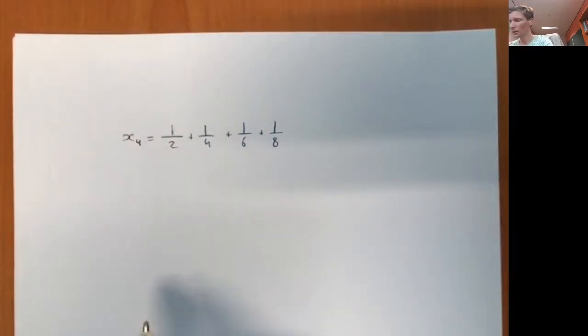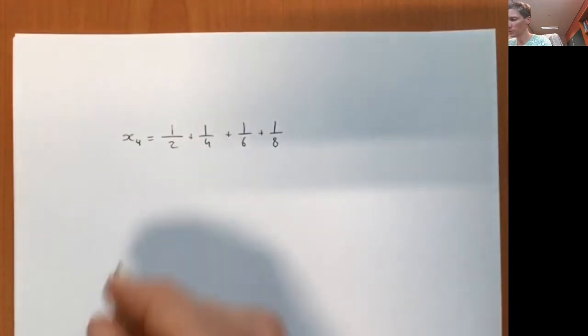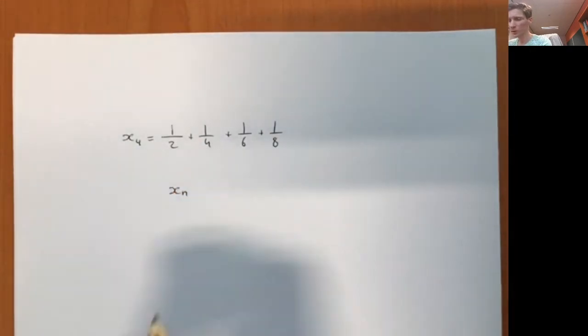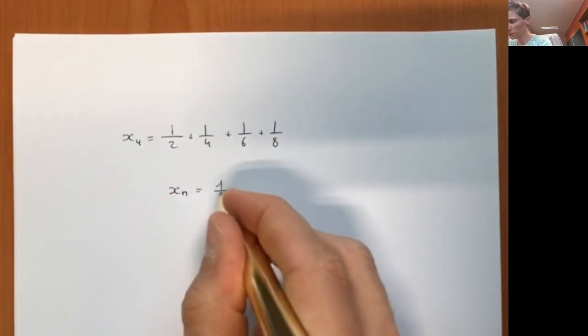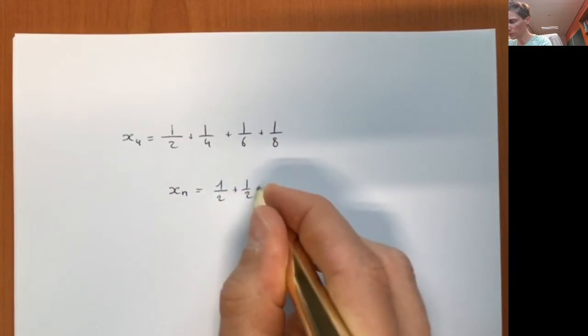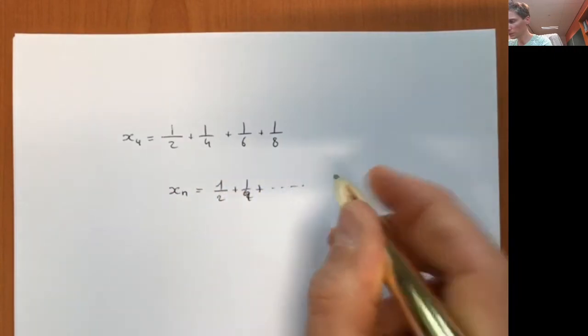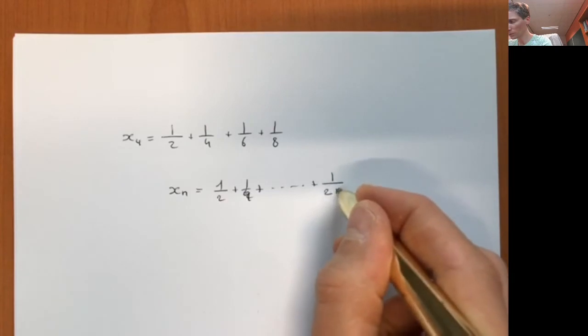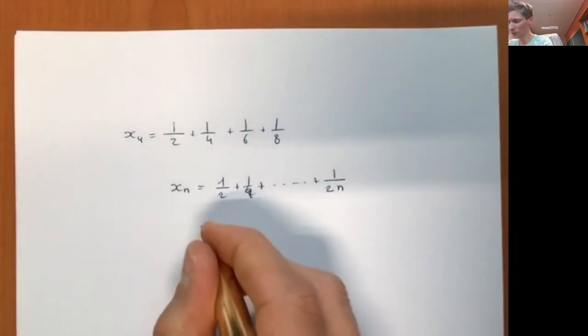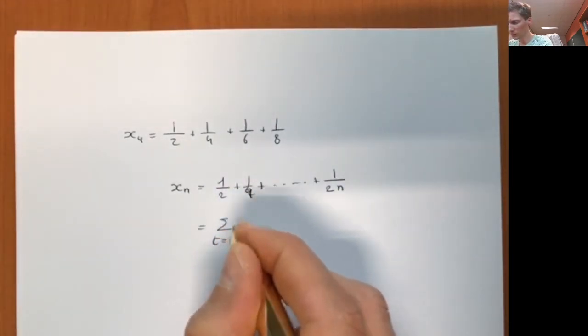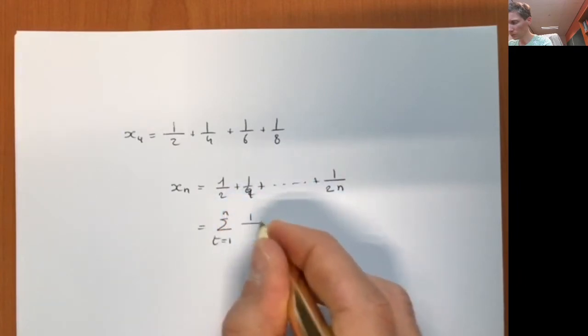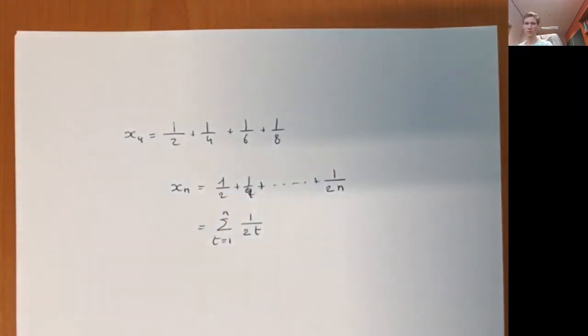So each time we get 1 over 2 times the number of shelves in addition. So I hope you see that in general xn will be equal to 1 over 2 plus 1 over 4 plus and so on until 1 over 2 times n. Okay, and you can write this as a sum from t=1 to n of 1 over 2 times t.